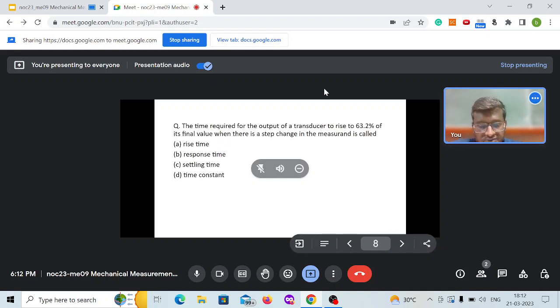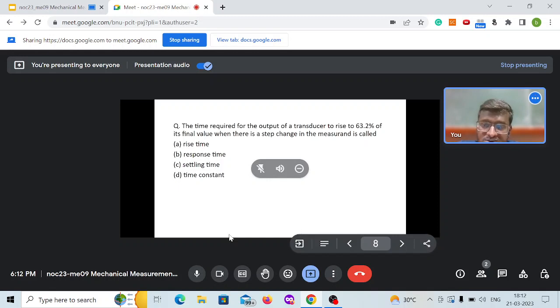Then next you have: the time required for the output of a transducer to rise to 63.2% of its final value when there is a step change in the measurand is called A, rise time, B, response time, C, settling time, D, time constant. I have already told this.